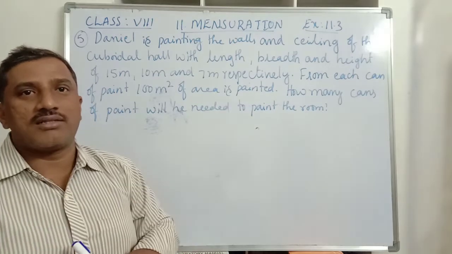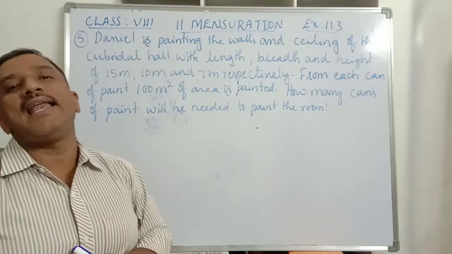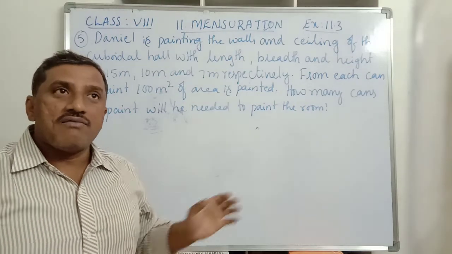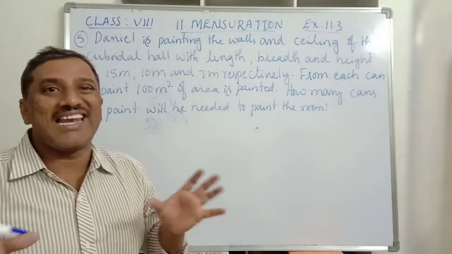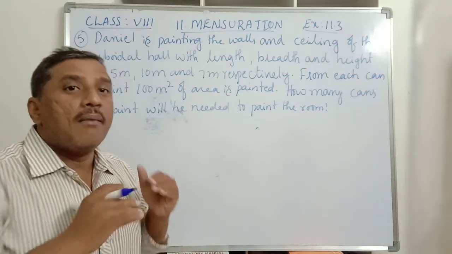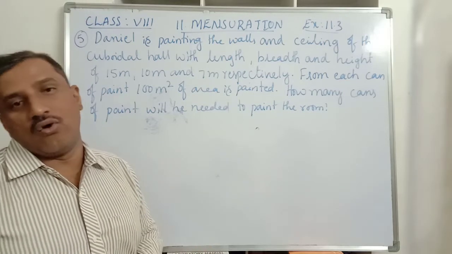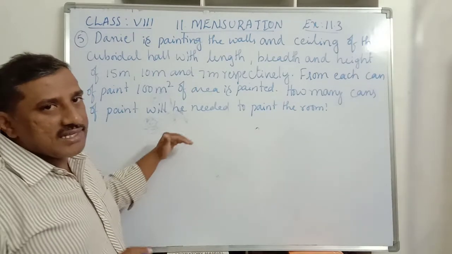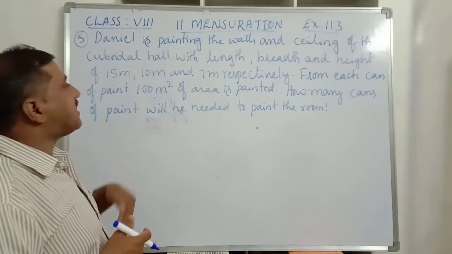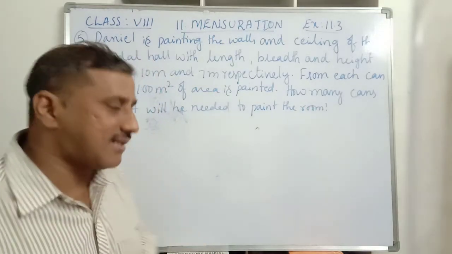Area of 4 walls, that is LSA of the cuboid, plus ceiling, or find the total surface area of the room and then subtract the area of the floor. So we can find this in two ways. Then that is divided by 100. We will get the number of cans required.